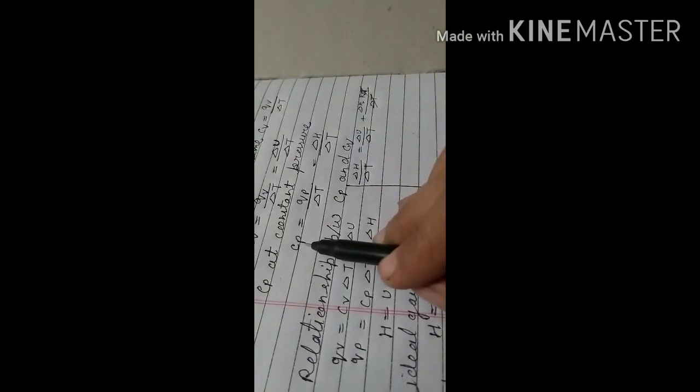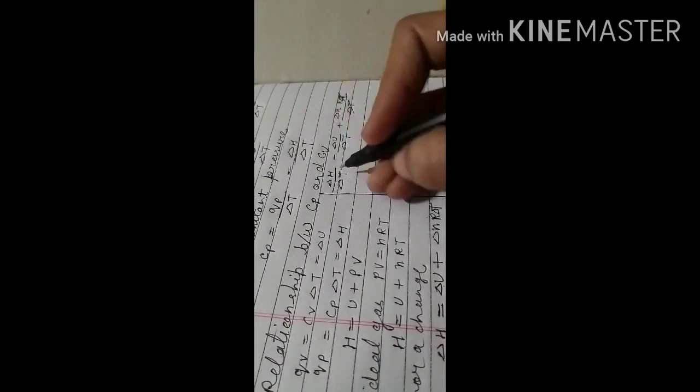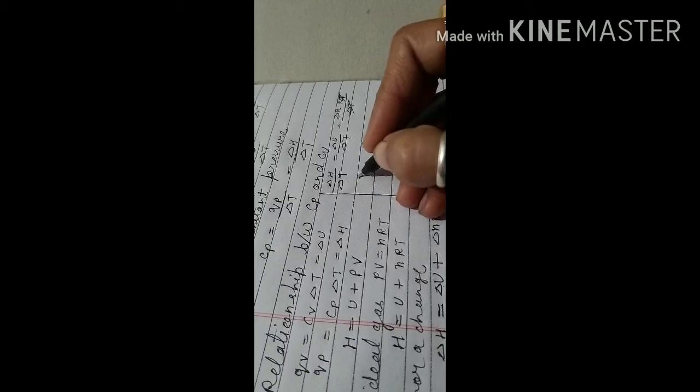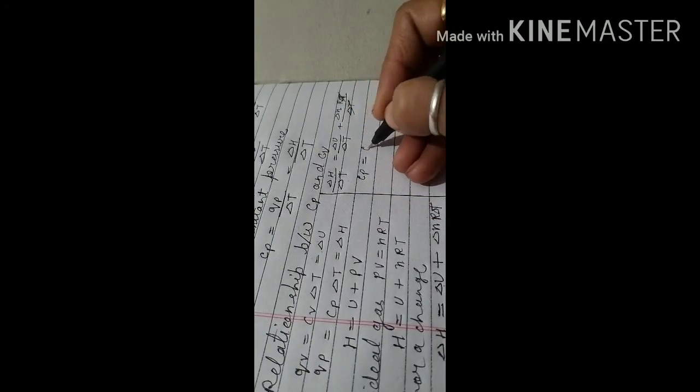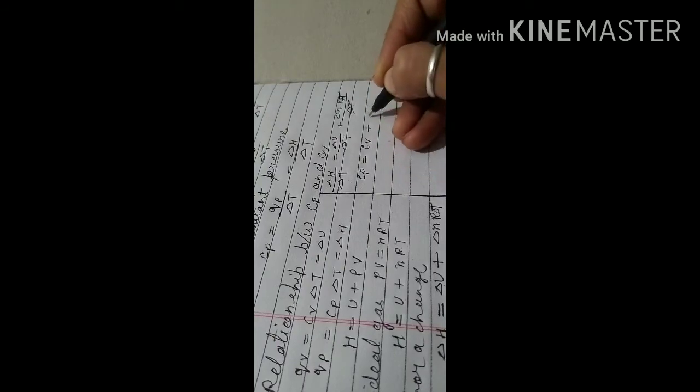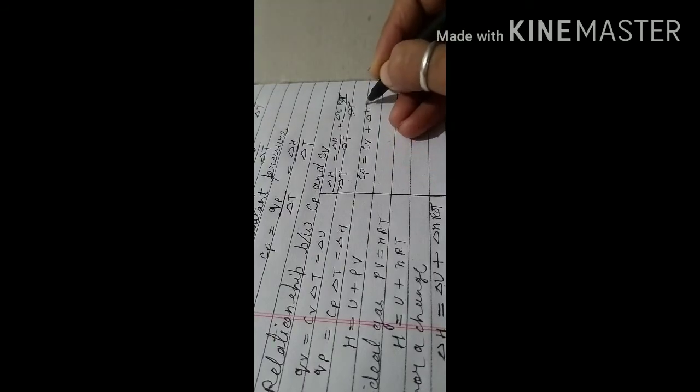Delta H upon delta T that we have got is equal to Cp, and delta U upon delta T is equal to Cv. So in place of delta H upon delta T we write Cp, and in place of delta U upon delta T we write Cv, plus delta n R.